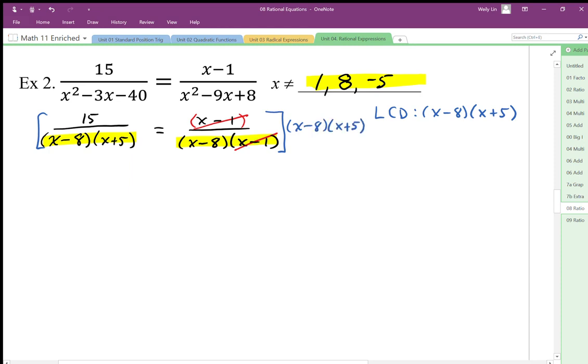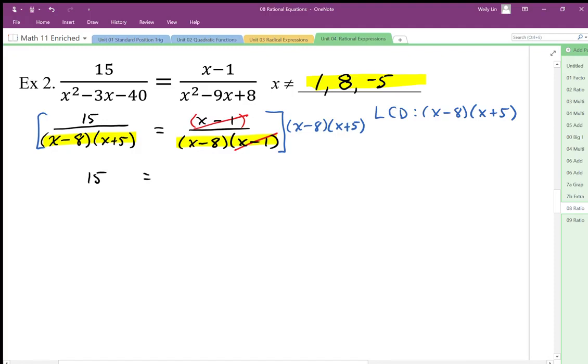I had that wrong anyway, so we need x plus 5 there. When I multiply the first fraction, we have x minus 8 canceling the x minus 8 here. We have times x plus 5 divided by x plus 5. They both cancel out, so we end up with just 15.